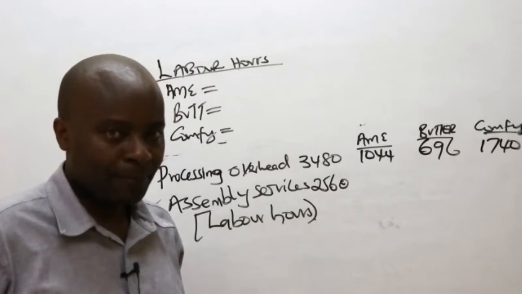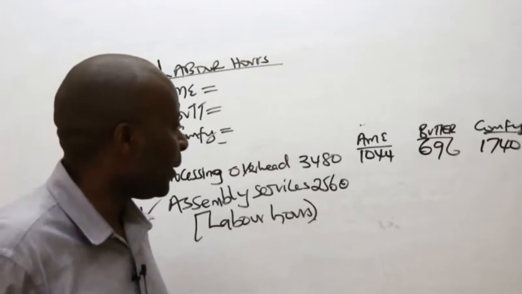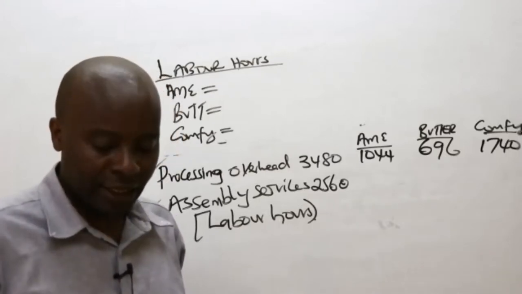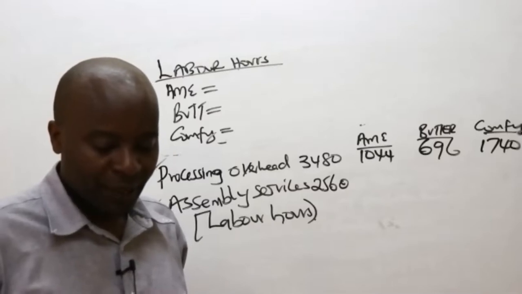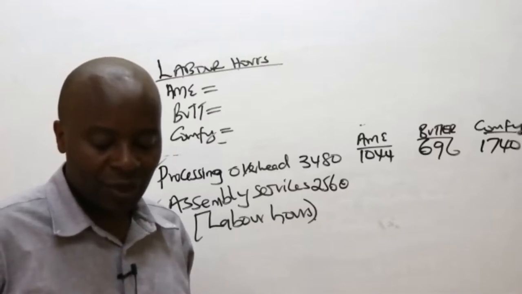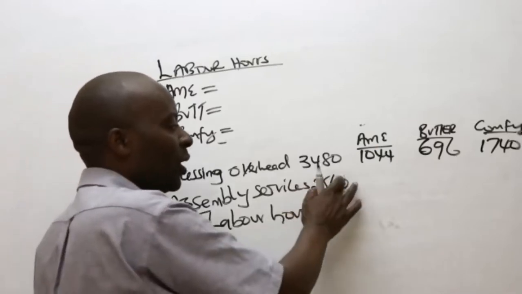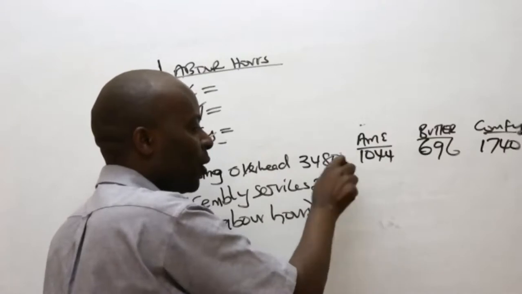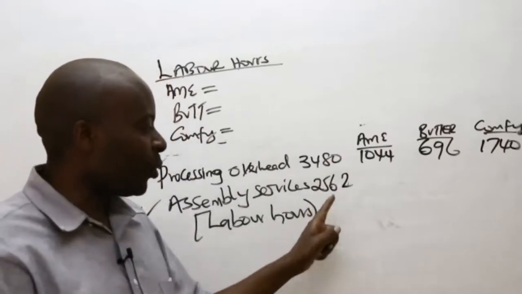So I'm saying assembly was 2560. I'm being told that assembly services is supposed to be 2562. I don't know how truthful that is. How many people are able to see 2562?